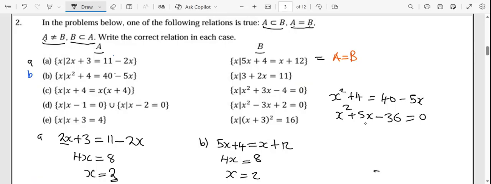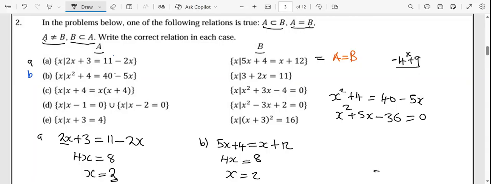All right. So what are the two numbers that when we add them we get 5, and when we multiply we get what? Good, 4 and 9. So negative 4 and positive 9 give us 5 when added.